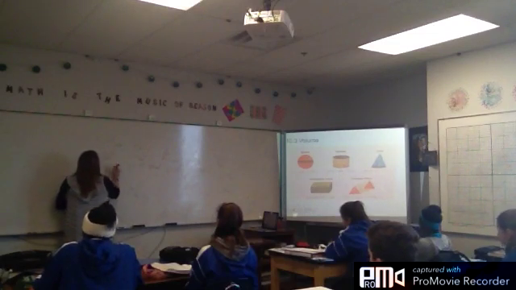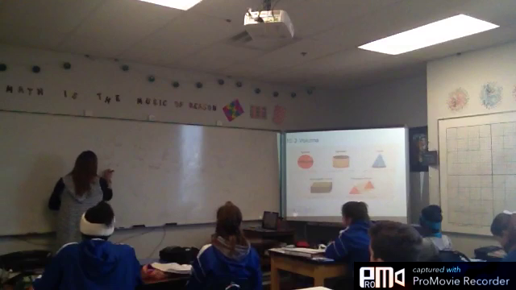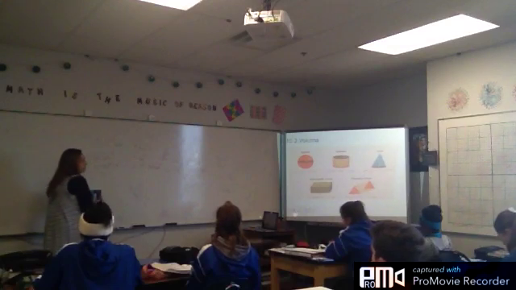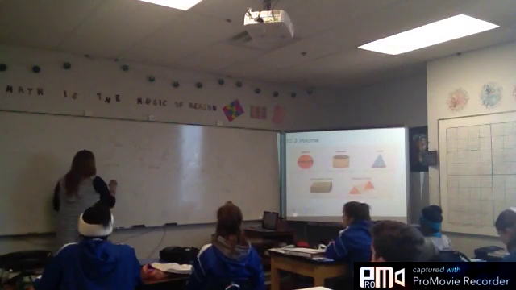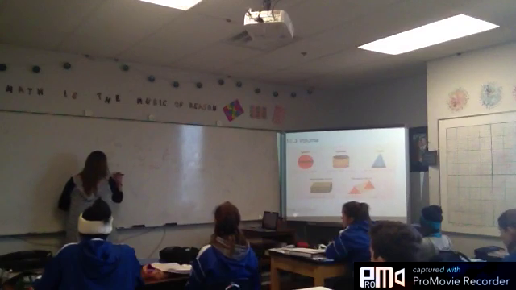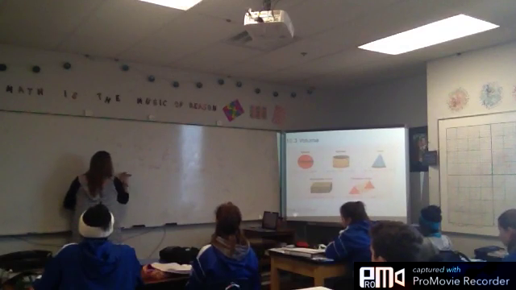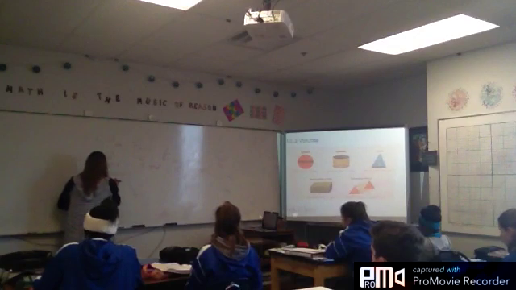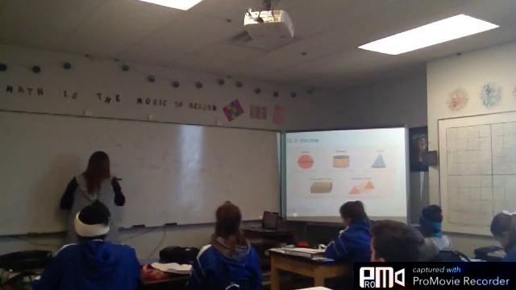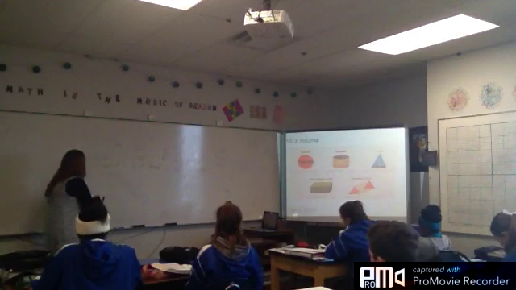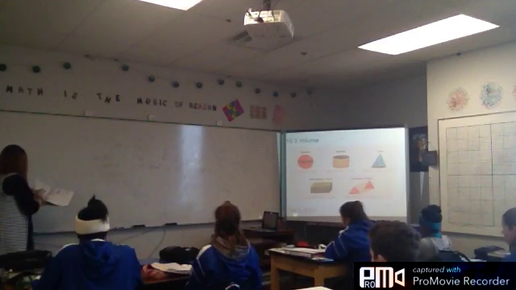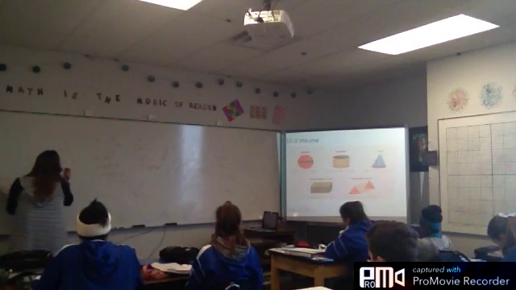Okay, what is 36 times pi times 14? 1,582.56. And we're always going to round to the nearest whole, so I'm going to say 1,583 feet squared. Okay?